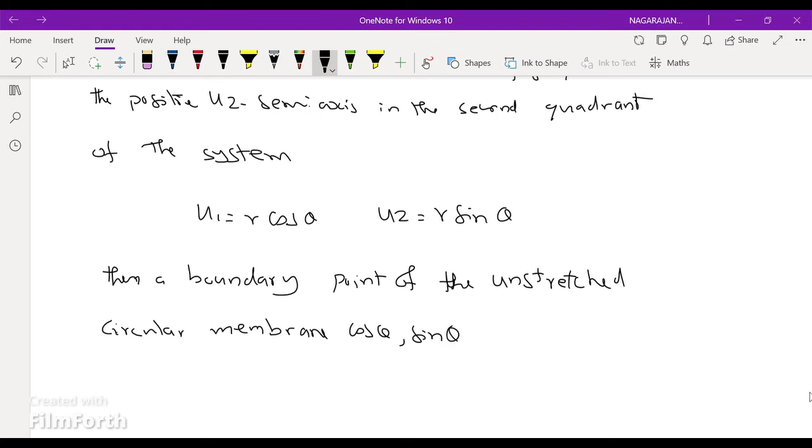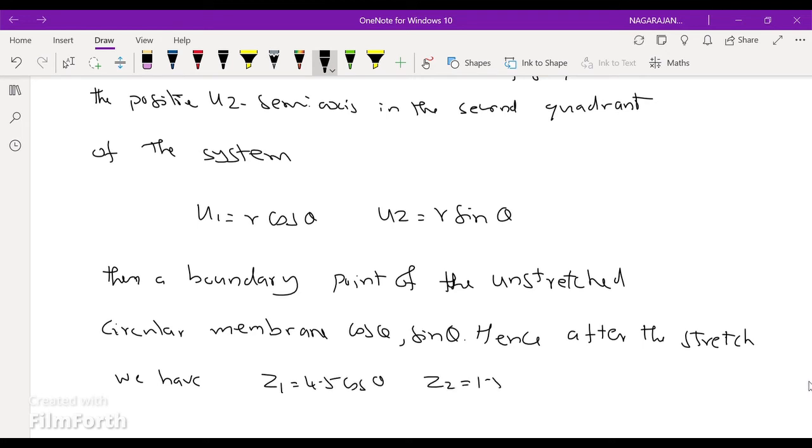Hence, after the stretch, we have z1 equal to 4.5 cos theta, z2 equal to 1.5 sin theta.